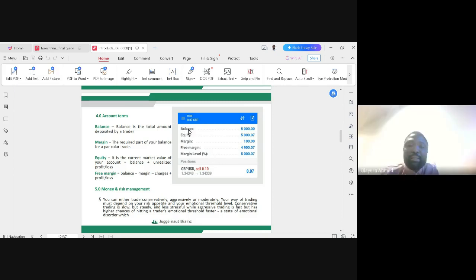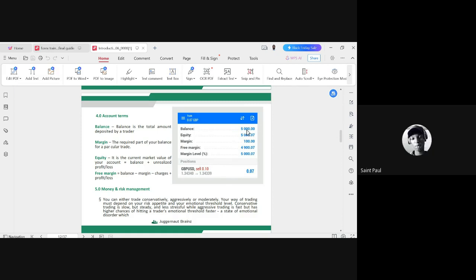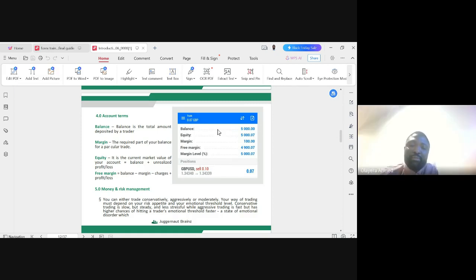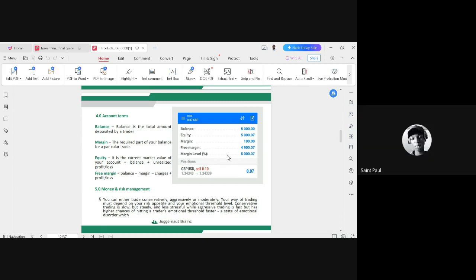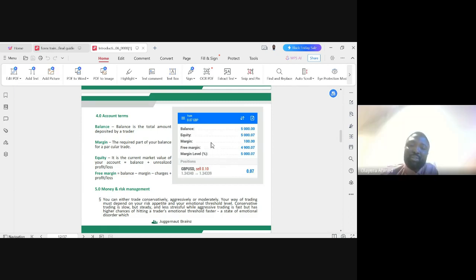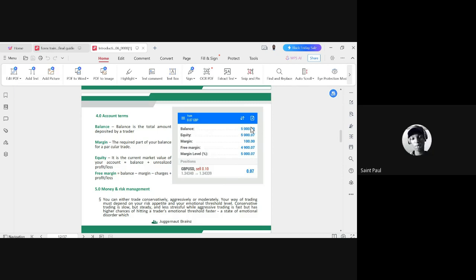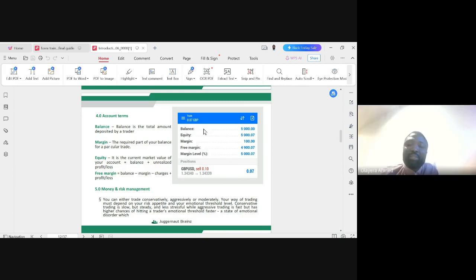You can see balance: 5,000. According to the account holder, the owner of this account, which was my account, I deposited $5,000, and that's why you can see it here.